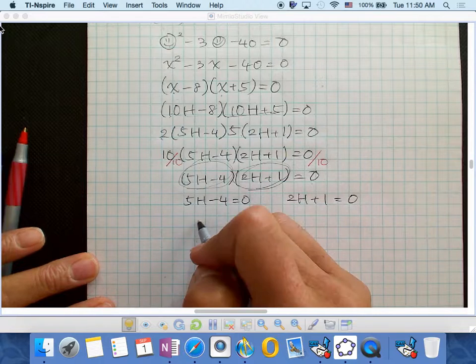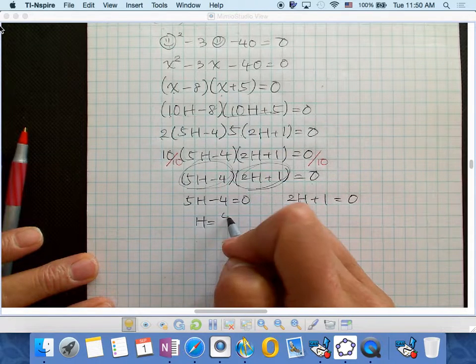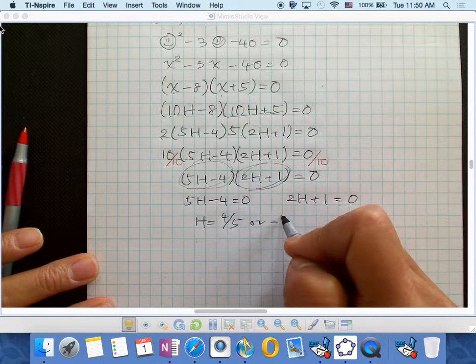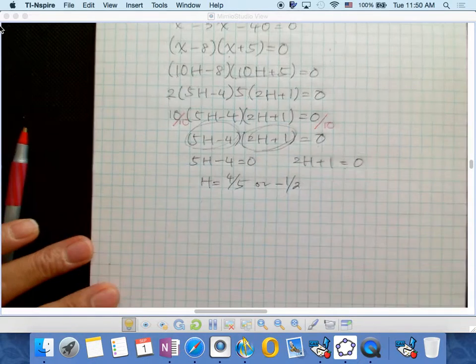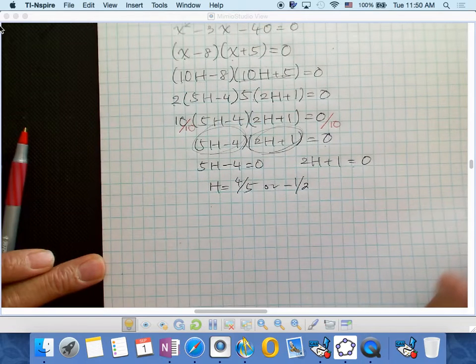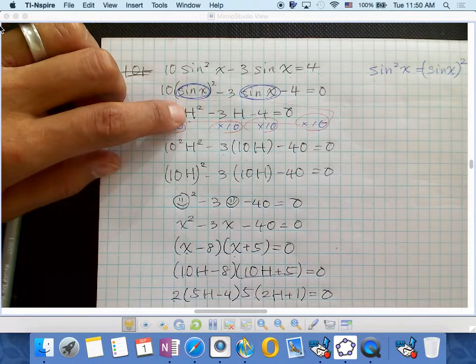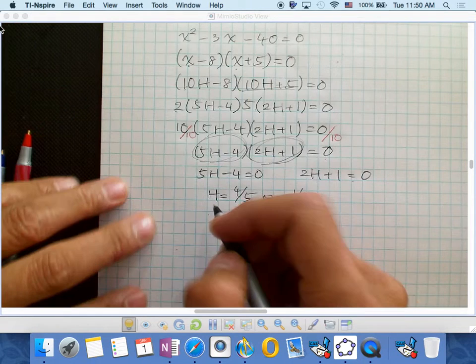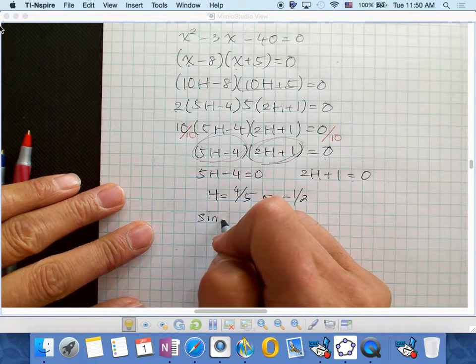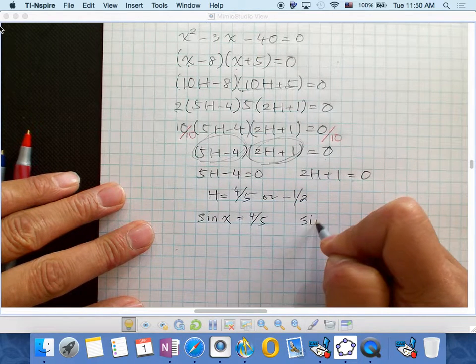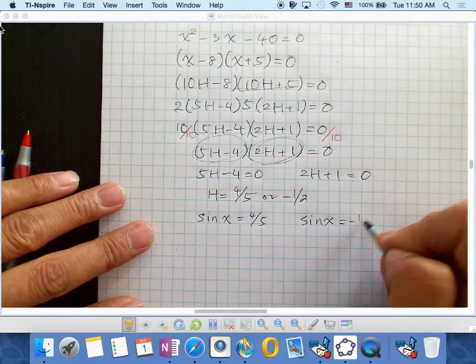Solving, h equals 4/5 or negative half. Oh, wait a minute. What was h again? We put the h sticker on sine x. So really it's sine x equals 4/5 and sine x equals negative half.